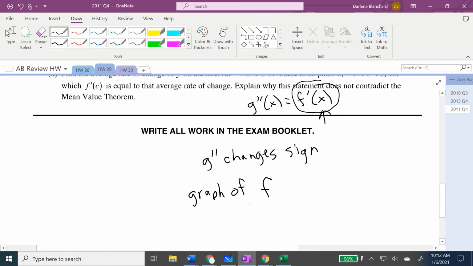So again, I'm going to look at the graph of f, and f prime is the slope of f. For f prime to change from either positive to negative or negative to positive means that the graph changes direction. So maybe I want to say graph of f changes direction. And just kind of get straight in my head what it is that I'm looking for on that graph.